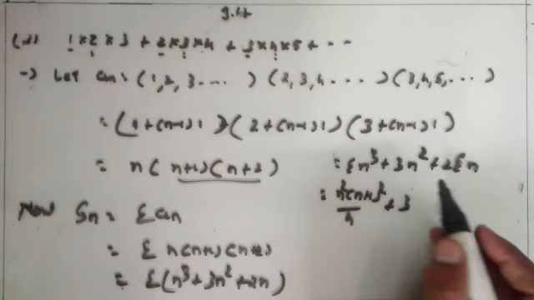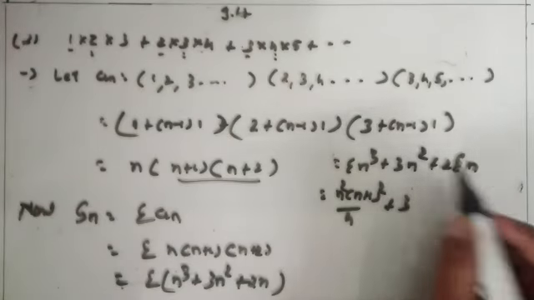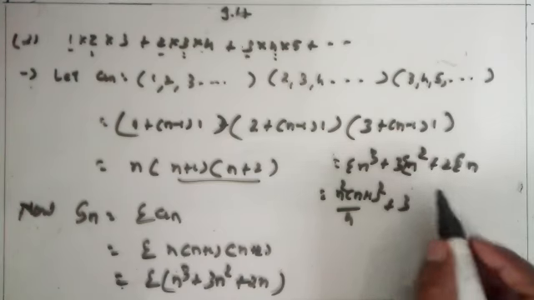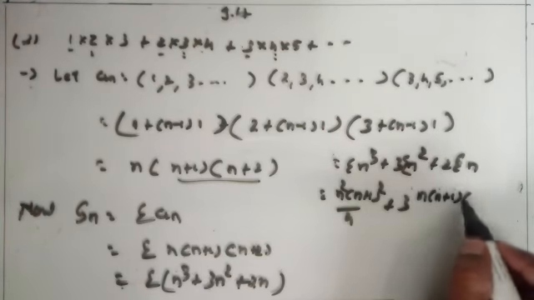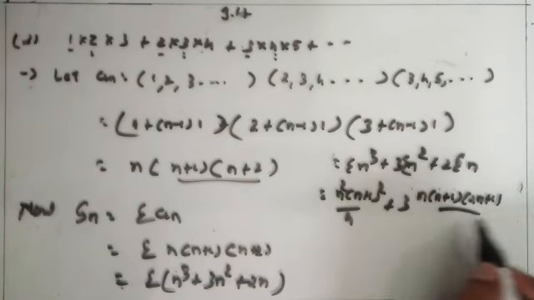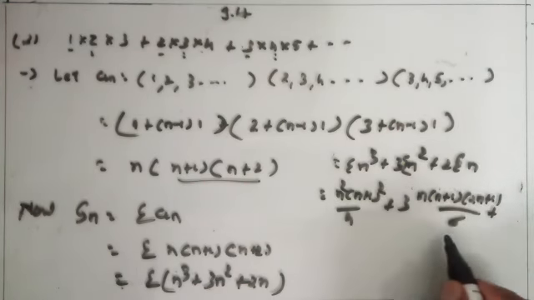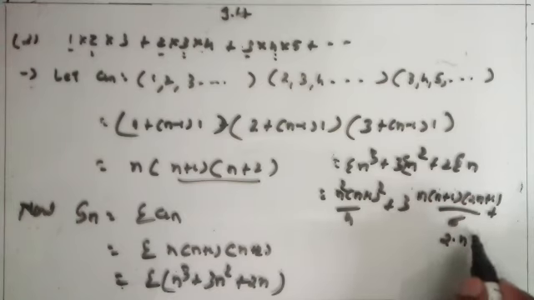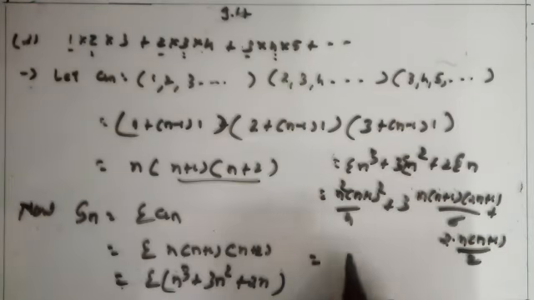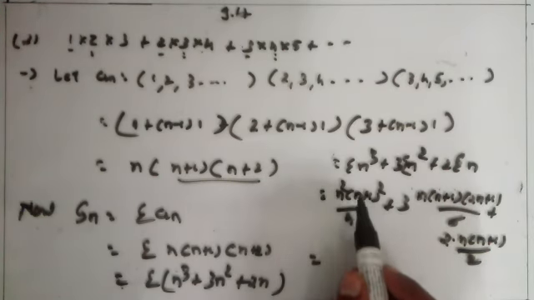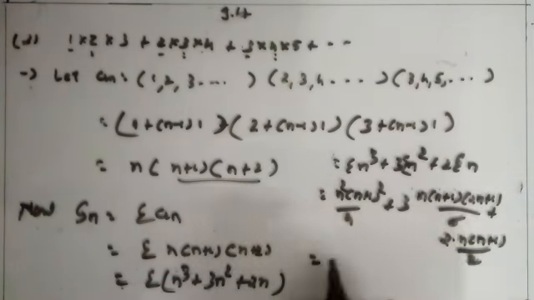3 into sigma n square, where sigma n square is equal to n(n+1)(2n+1)/6, plus 2 into sigma n, which is equal to 2 into n(n+1)/2. So now simplification: here n(n+1)/2 from all take common.